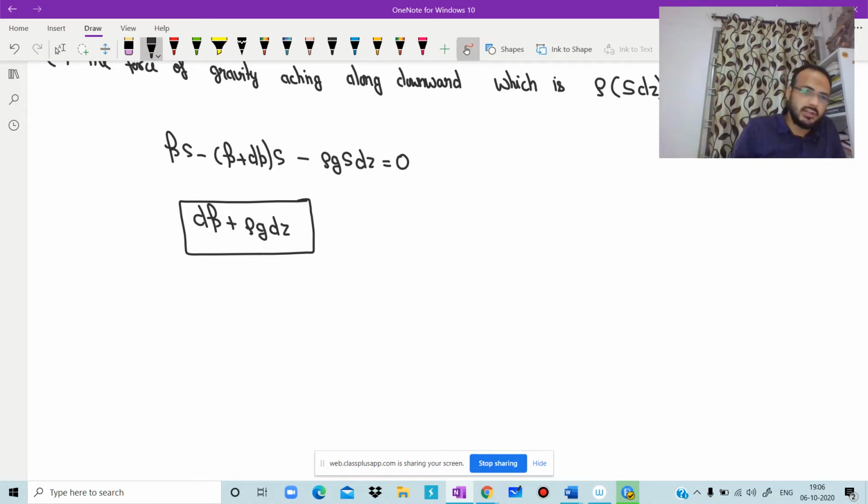dP plus rho g into dz is equal to 0. This equation cannot be integrated directly.